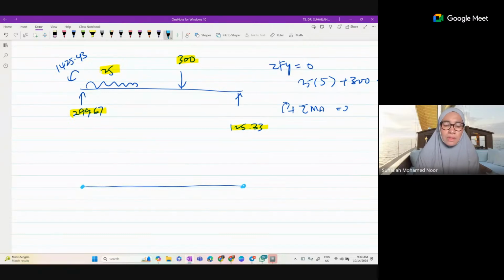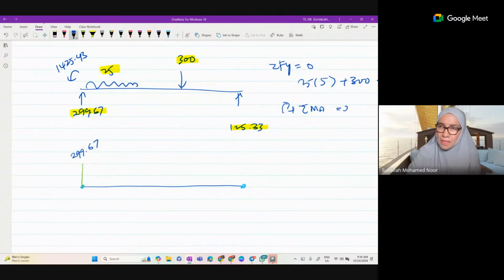So kita ikut arrow ni going up. Okay, and the value is 299.67.